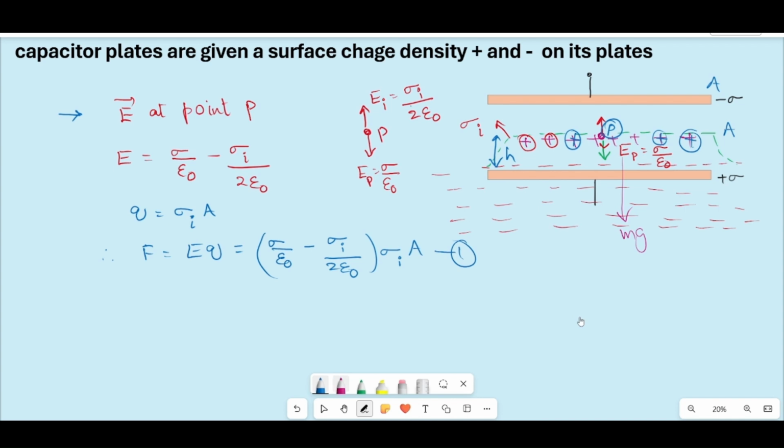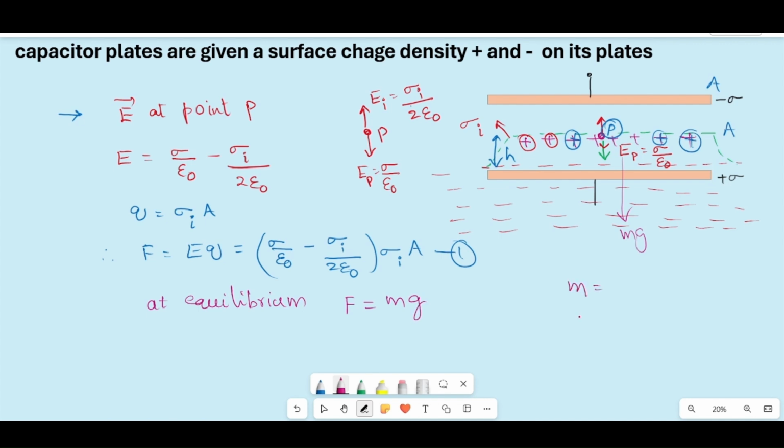At equilibrium, the force acting on the liquid is equal to its weight, m into g. What is the mass?